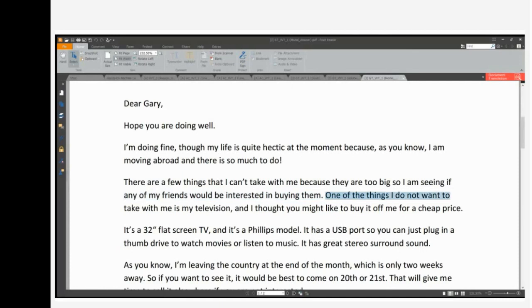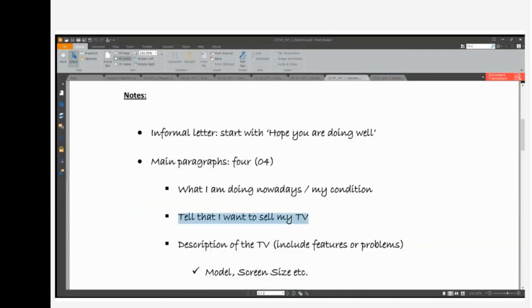And I thought you might like to buy it from me for a cheap price. So now at this point, you are actually telling your friend that, okay, this is the point, I'm selling my TV, and the reason behind that is I'm moving abroad and I can't take all the things I have with me. Some of them are quite big, just like my TV, and I need to sell that.